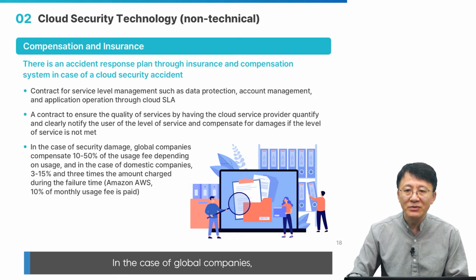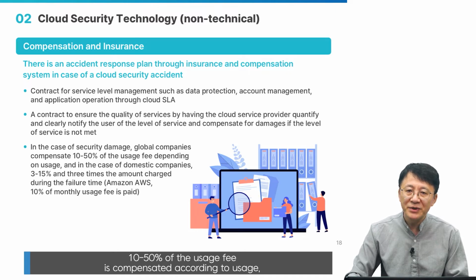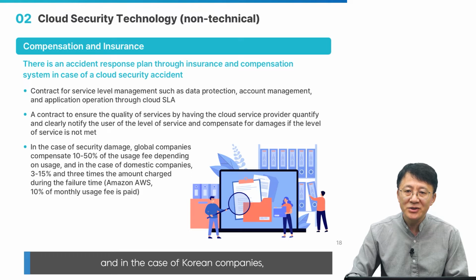In the case of global companies, in case of security damage, 10 to 50% of the usage fee is compensated according to usage. And in the case of Korean companies, 3 to 15% and 3 times the amount charged during the time of failure are compensated.